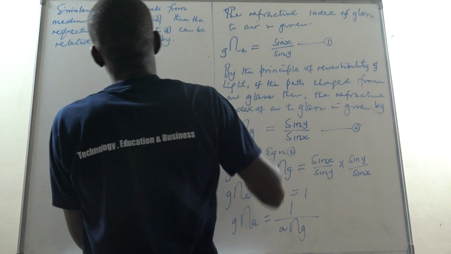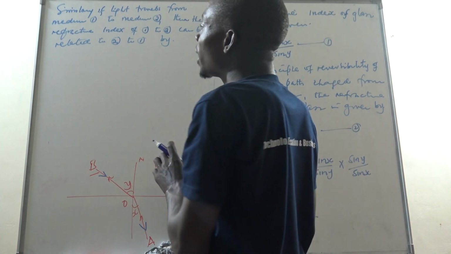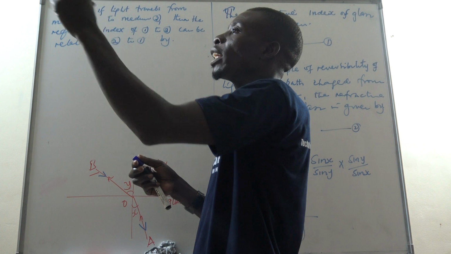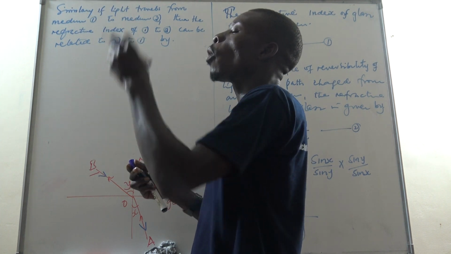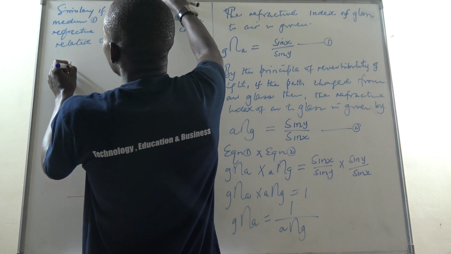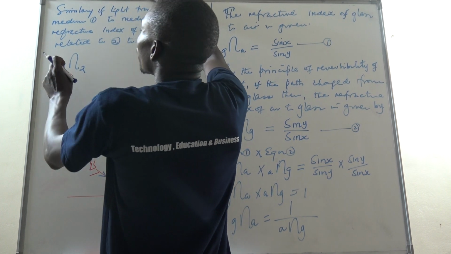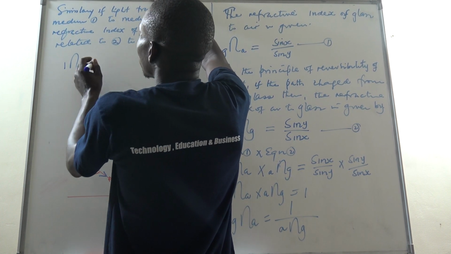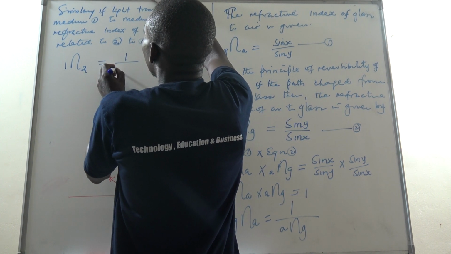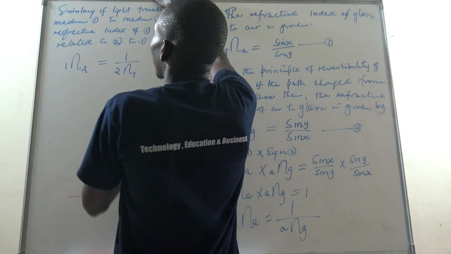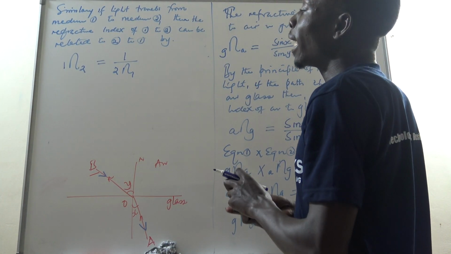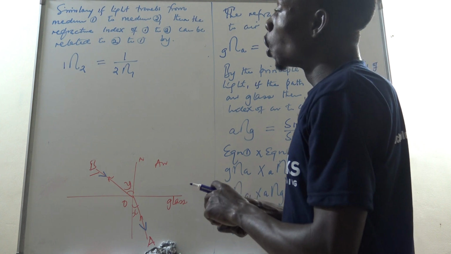Supposing light ray is moving from medium 1 to 2, and now we want to get 2 to 1 from that. What we can say is that moving from medium 1 to 2, the refractive index is the same as 1 out of the refractive index of 2 to 1. Okay?